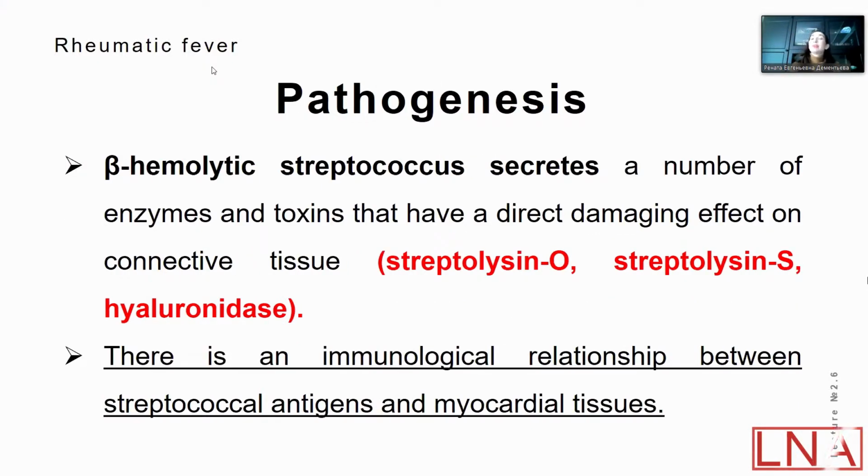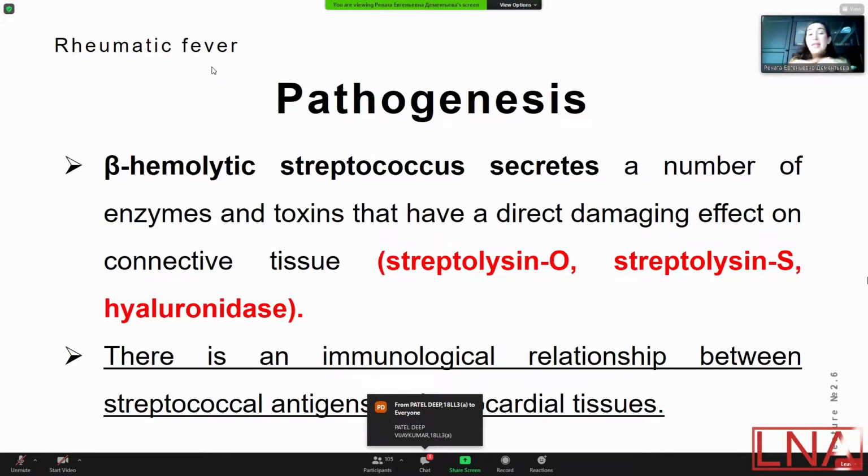Some words about pathogenesis. Beta hemolytic streptococcus secretes a number of enzymes and toxins that have a direct damaging effect on connective tissue.